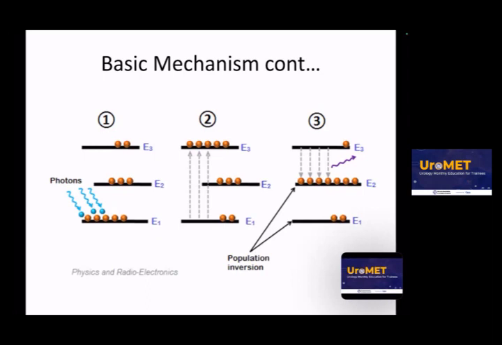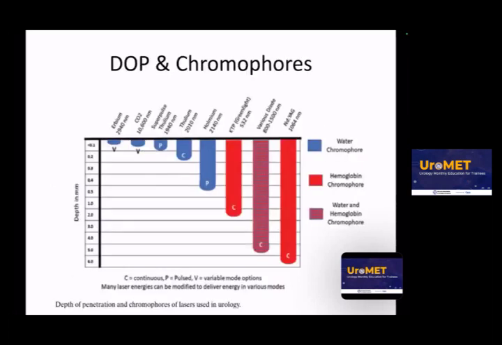Depending on the laser energy, there are DOP, that means depth of penetration, and chromophores. Chromophores means this laser energy is absorbed by some material. In our body, it is mainly absorbed by water and blood.